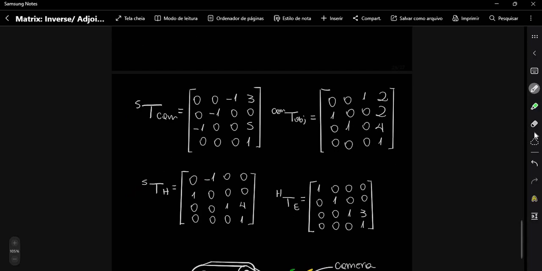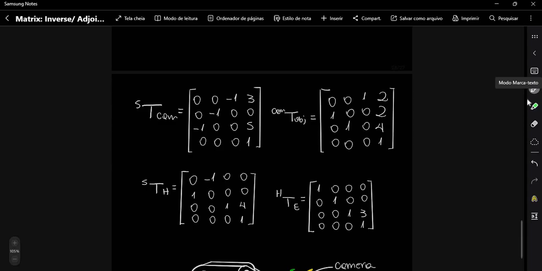Those are matrices that were given to us in that example.